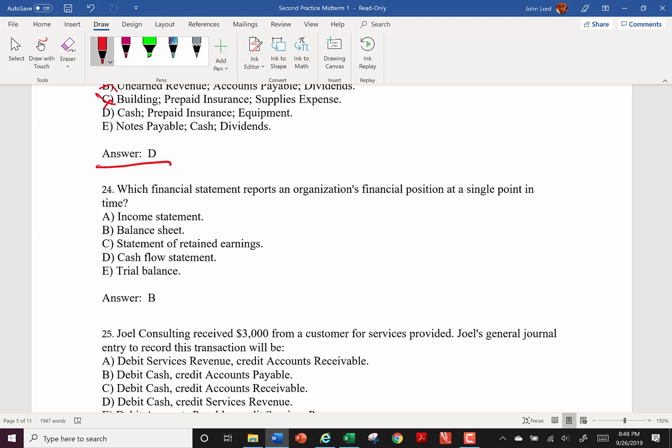No, I mean now. So the balance sheet is like your wallet, isn't it? Yes. Okay. So which financial statement gives you your financial position at a point in time? Just think of your wallet. My financial position at this point in time is the $100 that's in my wallet, right? Yeah. So that's the balance sheet.